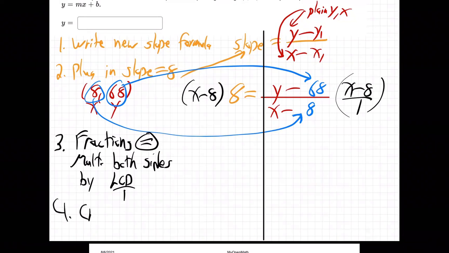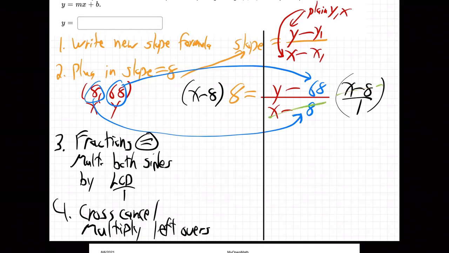And then step 4, cross cancel and multiply leftovers. So cross cancel. These guys cancel, don't they? What's left over? This 8 is going to multiply. 8x minus 64 is y minus 68.